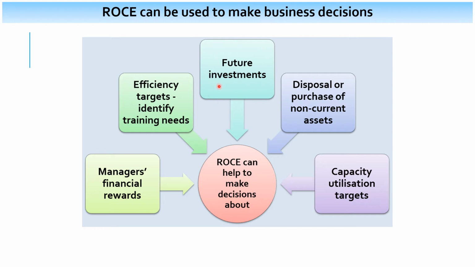We can use it to assess future investments. We can use it to maybe decide whether to purchase new assets or get rid of existing assets. And we can also use it in conjunction or alongside capacity utilization targets. Generally speaking, the higher capacity utilization is going to improve our return on capital employed.